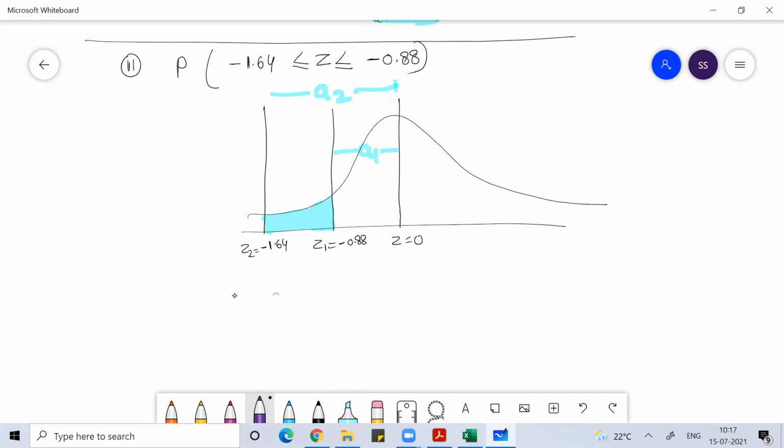The area you are looking for from minus 1.64 to minus 0.88 of 1 by root 2 pi e to the power minus z square by 2 dz.